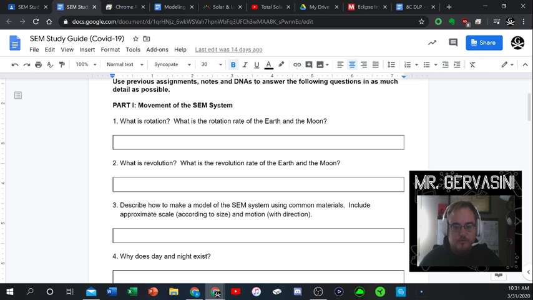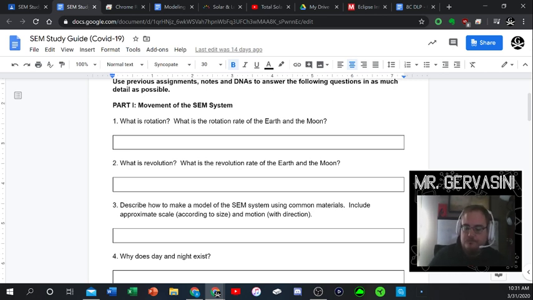How long does it take for the earth to do one rotation? How long does it take for the moon to do one rotation? Number 2, what is revolution? How long does it take for the earth to revolve once? How long does it take for the moon to revolve once? What do those both things, it's not included there, but what you should know is what is each revolving around?